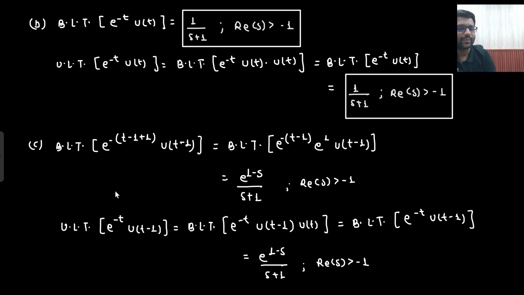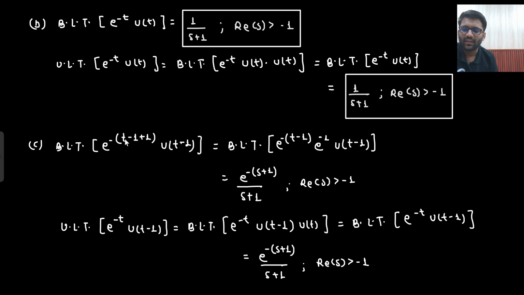How do we solve it? E to the power minus t is there, t minus 1 plus 1. So e to the power minus 1 is coming out, and then e to the power minus 1 was there. Something wrong I did.